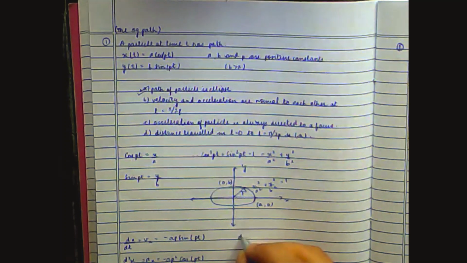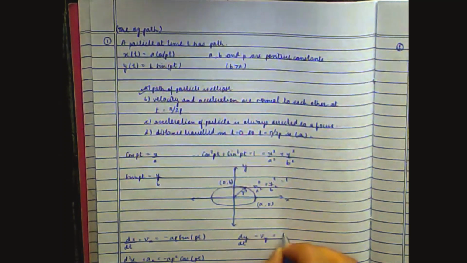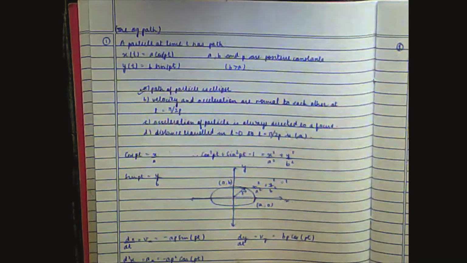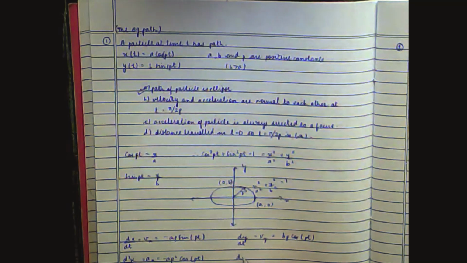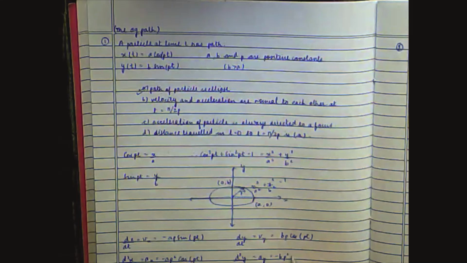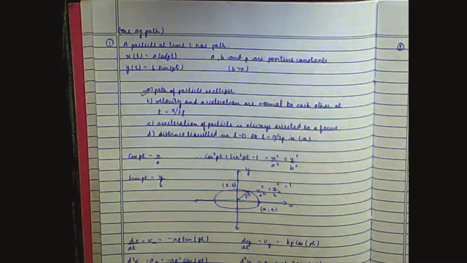Now dy by dt, which is vy, equals bp cos pt, easy differentiation, no big deal, and acceleration in y direction is d square y by dt square, which is ay equals minus bp square sin of pt. Okay, now we have the velocity and acceleration.